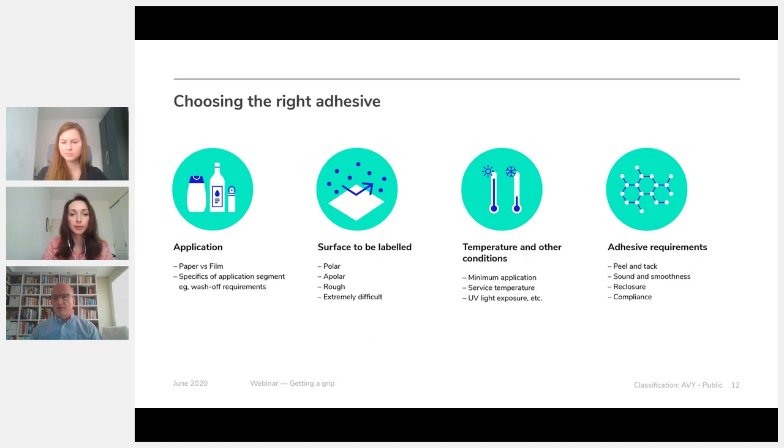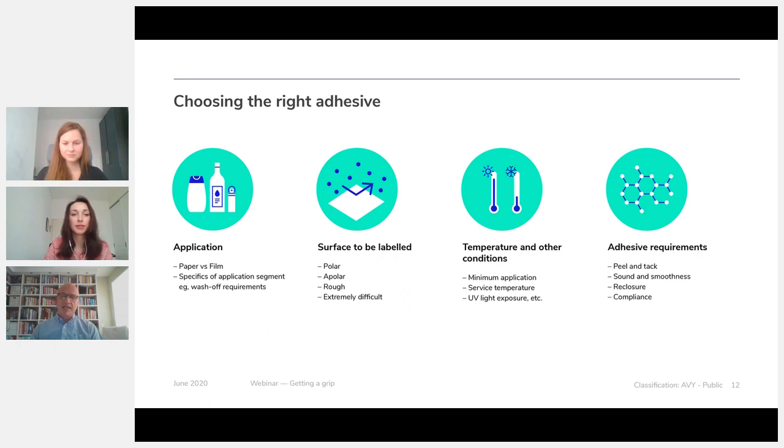Natalia already covered some of these, for example, removability, which is very important. But in some cases, we have requests for a special sound that the adhesive makes when it is being removed from a surface, or how many times the adhesive can be used in a reclosure application. And finally, compliance. We got this back from the poll as well from you.